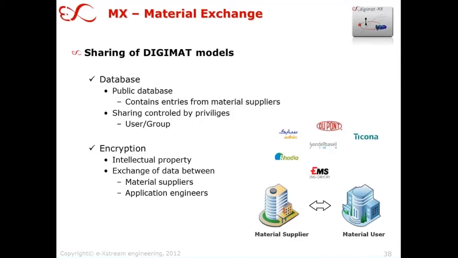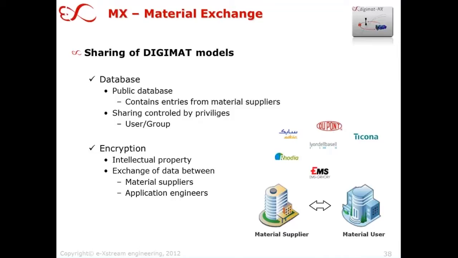So in DIGIMAT MX you will find a database which contains public data, and these public data are entries which are readily given by material suppliers using DIGIMAT. Then, in addition, you can put your own DIGIMAT models into the database and share them between you and all the other users of DIGIMAT in your company, and all this sharing is controlled by privileges, setting user rights and group rights and so on.